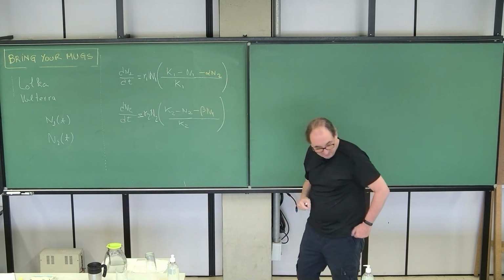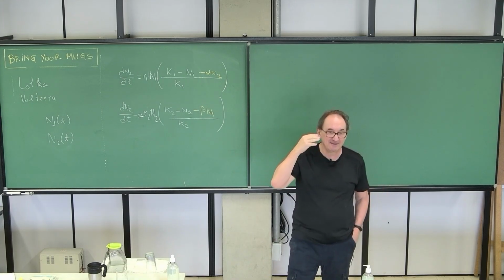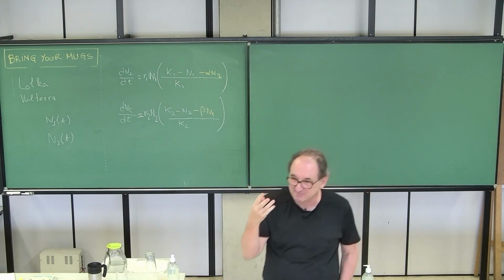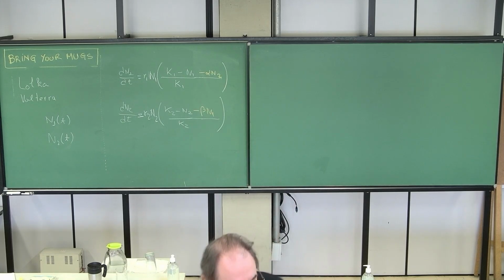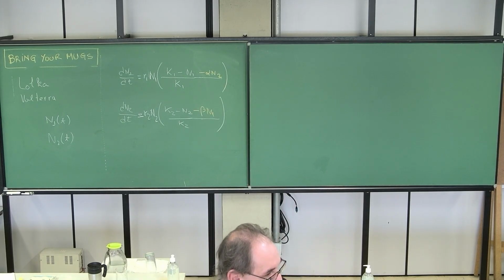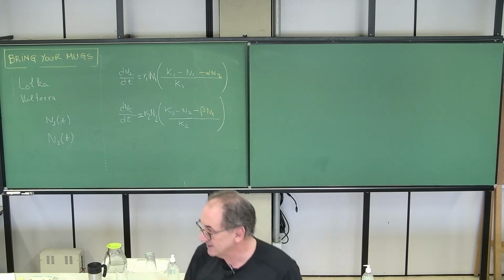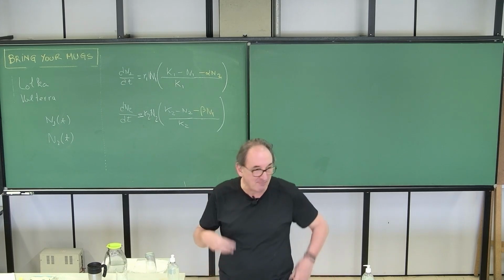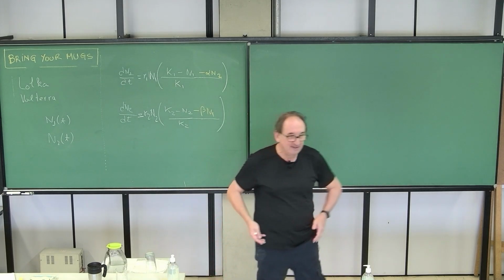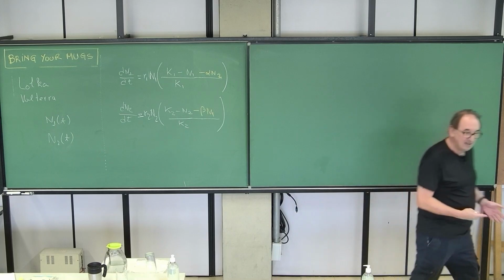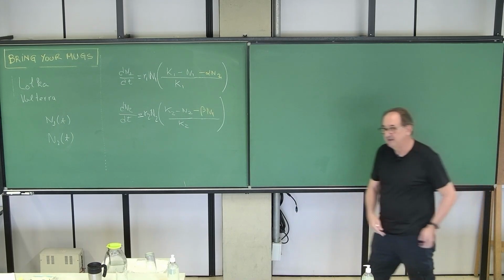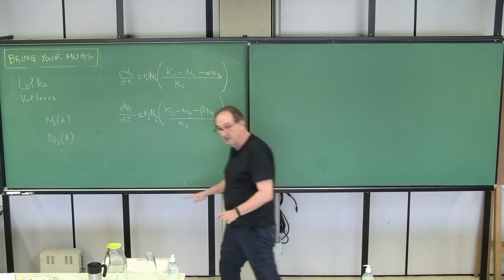Now alpha and beta are again phenomenological parameters because we are not describing the actual things that are happening. For instance, if it's a consumer, how the resource is being consumed at a certain rate. We are just saying that somehow species 1 is detrimental for species 2, and species 2 is detrimental for species 1, and that's it.